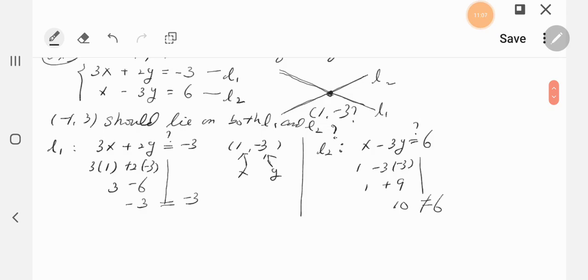So this means 1 and negative 3 is not on line 2. So the point is on line 1, but not on line 2, so the given point is not a solution.